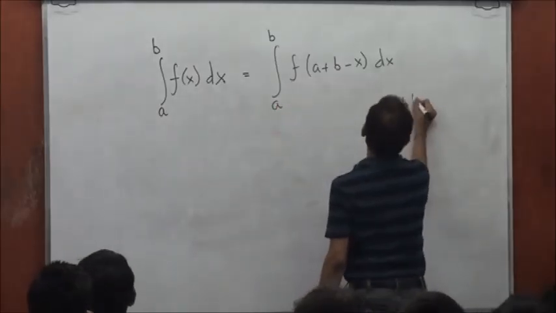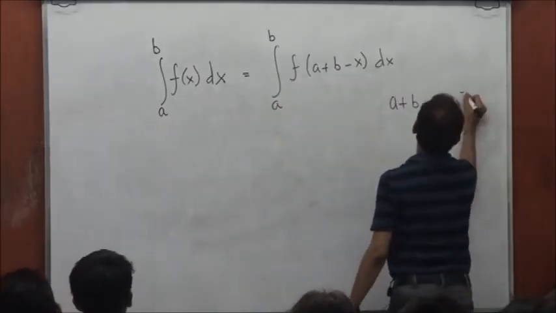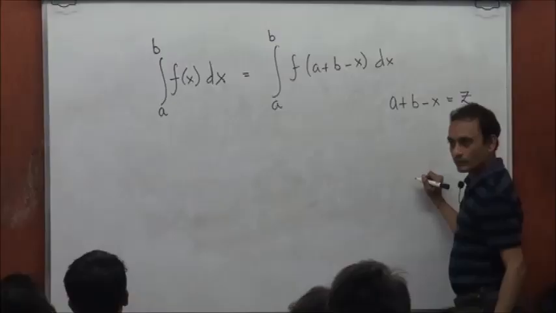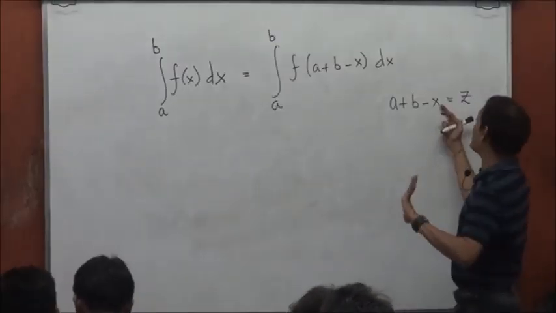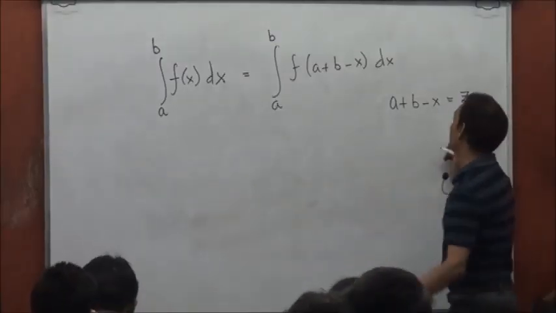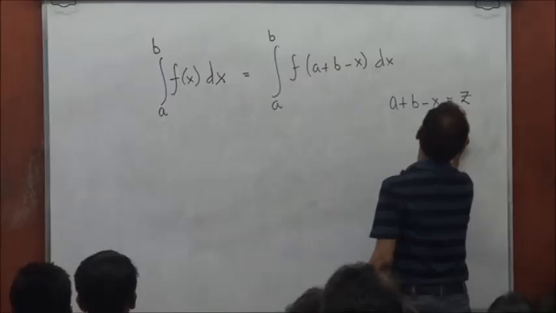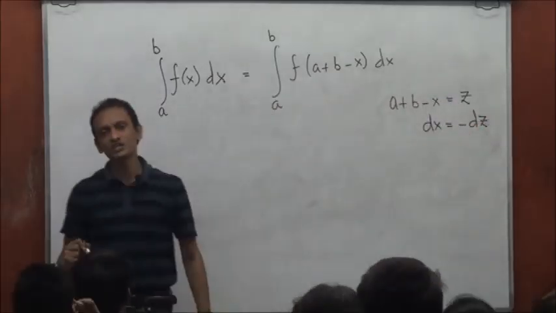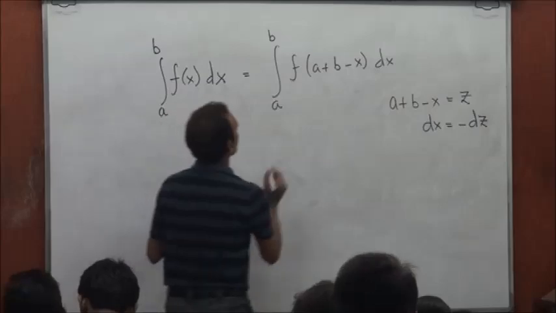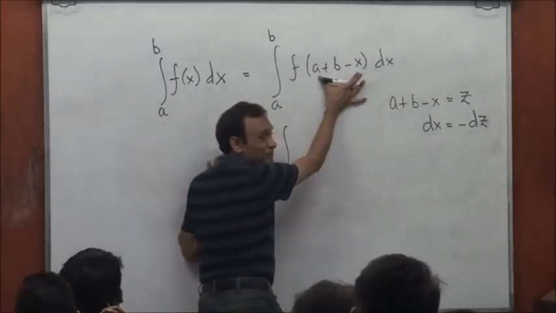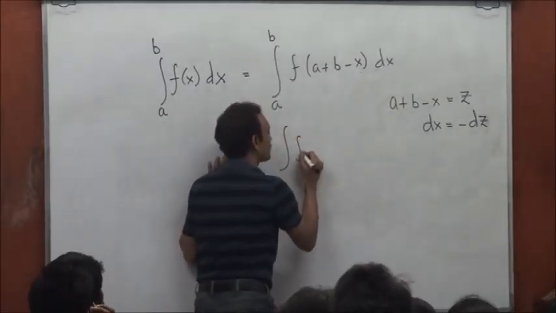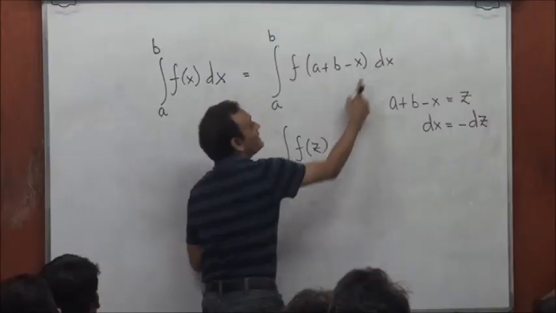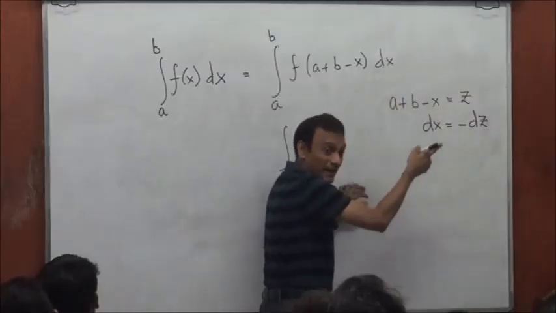Call a plus b minus x as some z. Right? So, I'll go from the x domain to the z domain. Very clearly then, dx would be minus dz. So now this is f(z), dx is dz with a minus sign.